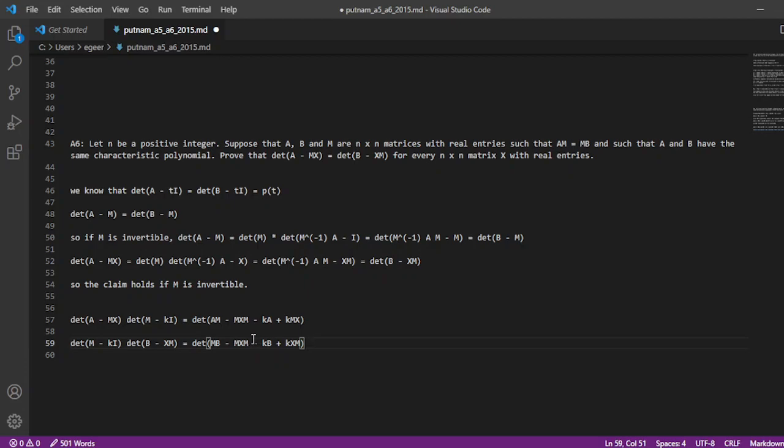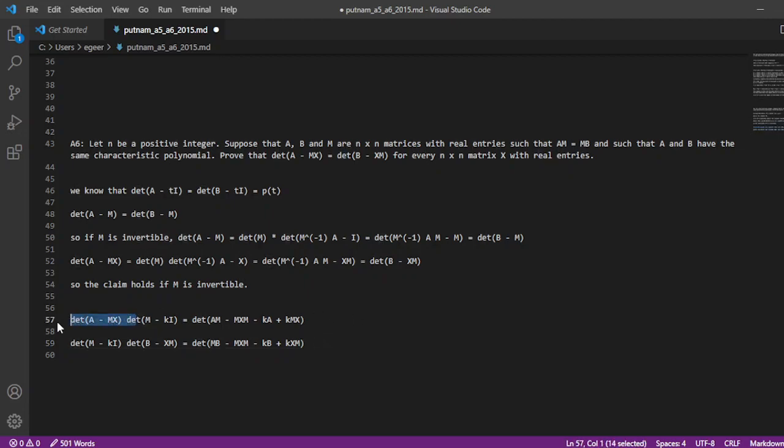And so we know from the condition that we're given that these two are the same, AM and MB. So this matrix is the same for both of them. And then we have this additional thing here. The reason I'm adding in this parameter k is so that I can argue that if these are equal as functions, then, I mean, M can only have finitely many eigenvalues, so then they must be equal.